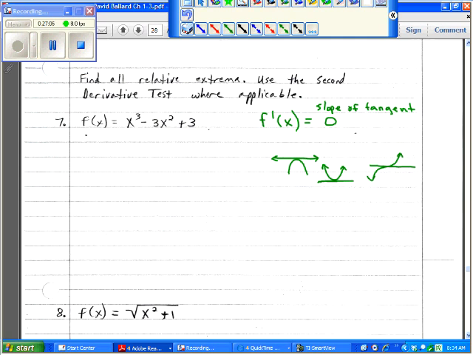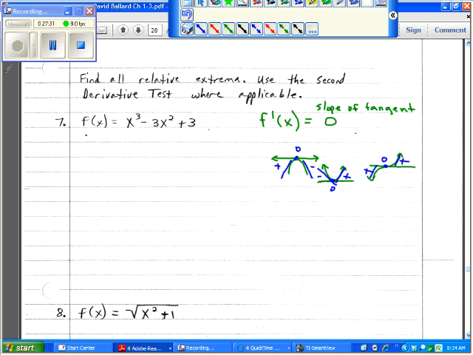Right here, the slope is positive, positive, positive, negative, negative, negative, 0. Slope is positive, slope is negative, slope is 0. Right here, slope is negative, slope is positive, slope is 0. Right here, slope is positive, slope is positive, slope is 0.